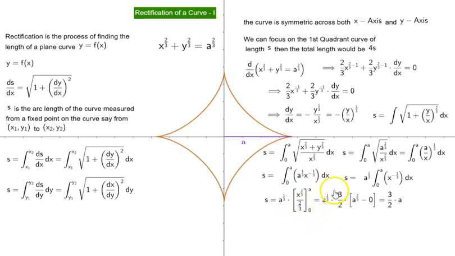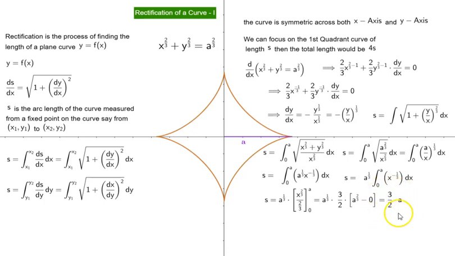Denominator 2 by 3 becomes 3 by 2 when taken to the numerator, times, taking care of the limits, we have a to the power of 2 by 3 minus 0 to the power of 2 by 3, which is 0. So we have s is equal to 3 by 2 times a.